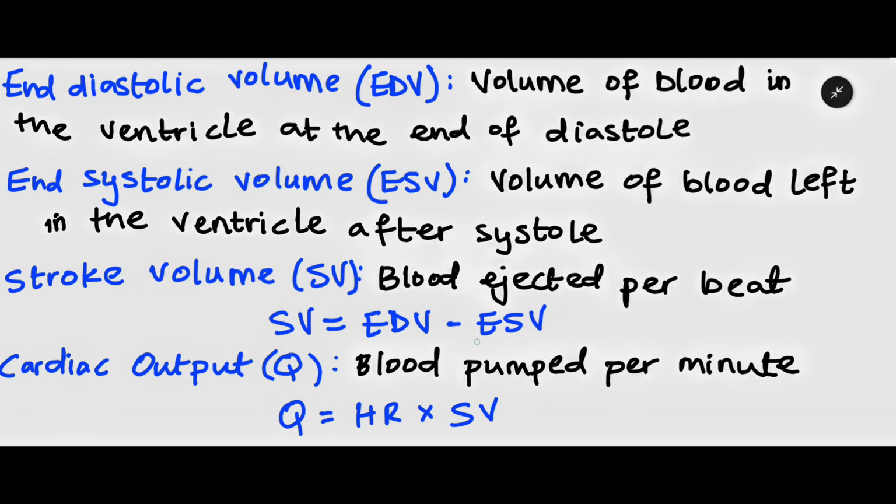Stroke volume is the blood ejected from the heart per beat, and the stroke volume formula is EDV minus ESV, so end diastolic volume minus end systolic volume. Cardiac output is the blood pumped from the heart per minute, and the symbol for cardiac output is Q, which equals heart rate times stroke volume.